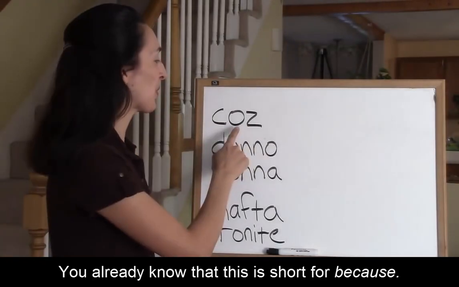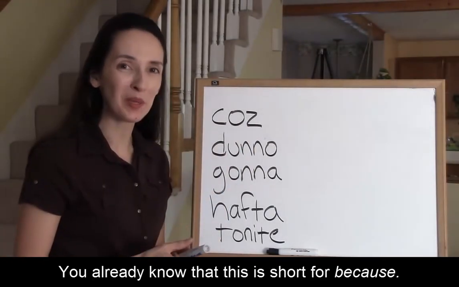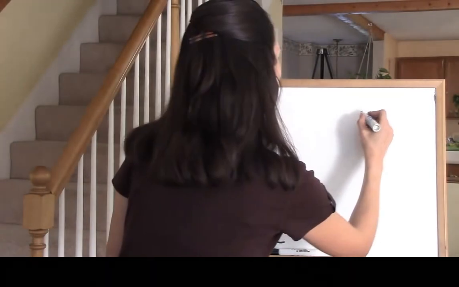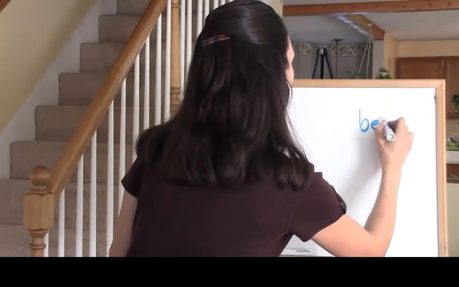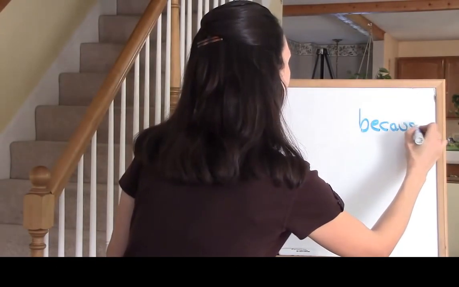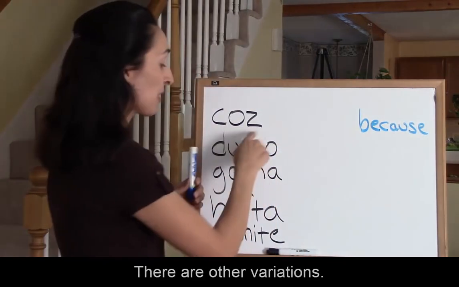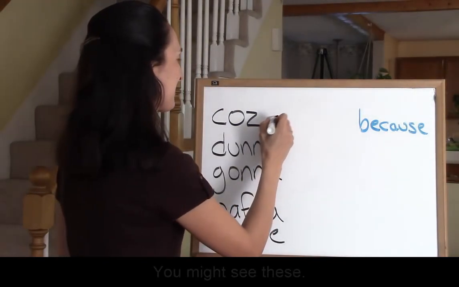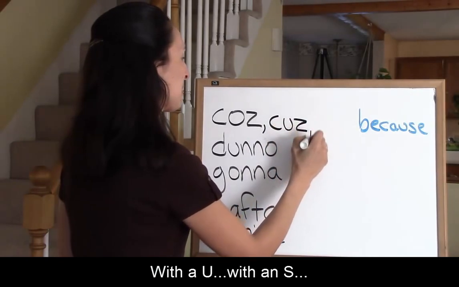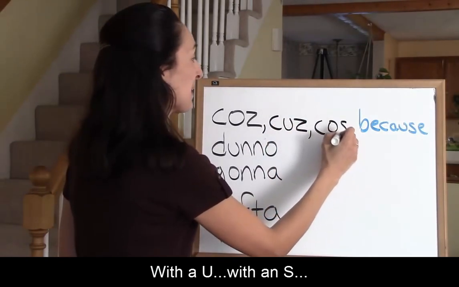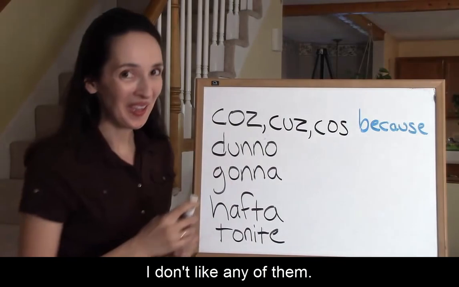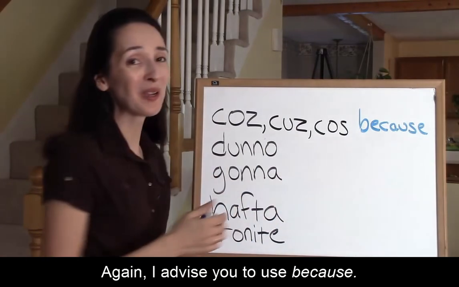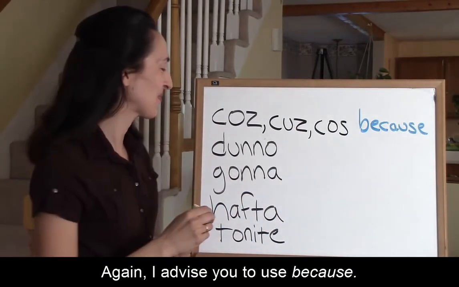You already know that this is short for because. There are other variations. You might see these with a U, with an S. I don't like any of them. Again, I advise you to use because.